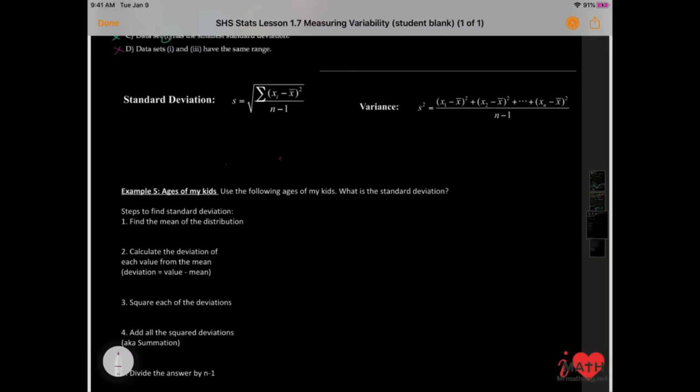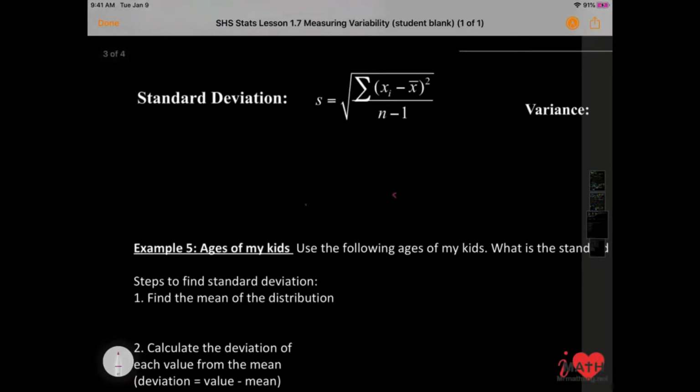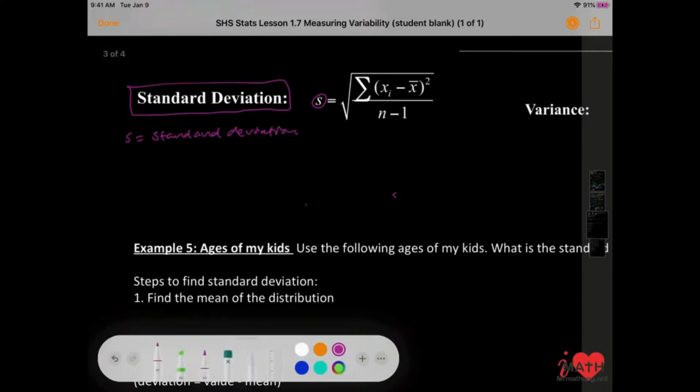And let's talk about standard deviation. So you have this big bad formula. Let's try to color code this. Standard deviation is S. S means standard deviation, and it is important to know these abbreviations because we can actually see these on the calculator.